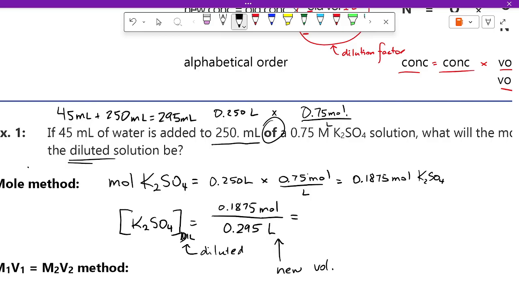This is not a titration. Do you remember when I said in titrations never add the volumes? When you're doing a dilution, you add the volumes. Unless they give you the final volume, in which case you don't have to do the adding. Divided by 0.295 equals 0.6355. 0.6356 to 2 sig figs would be 0.64 molar. Is good?